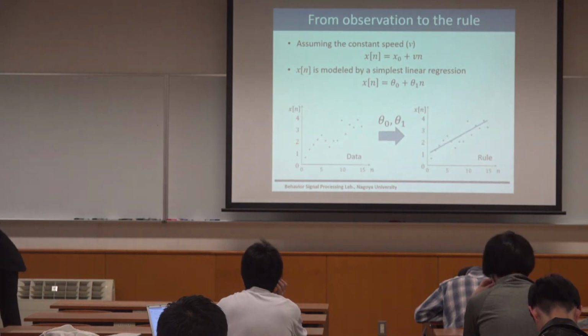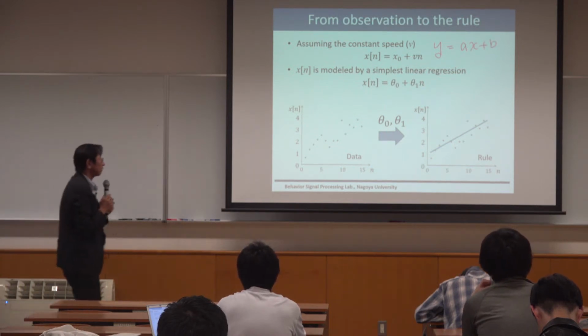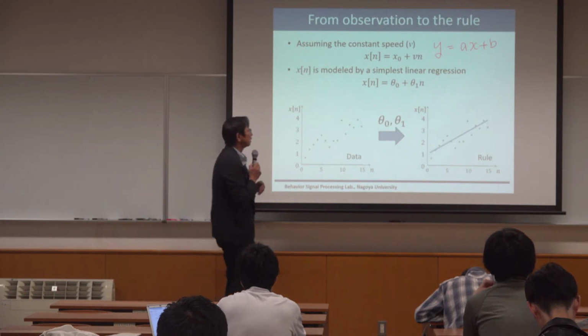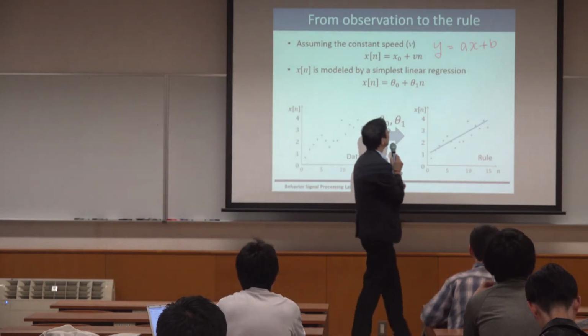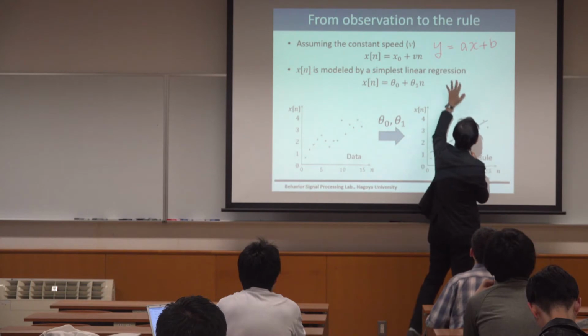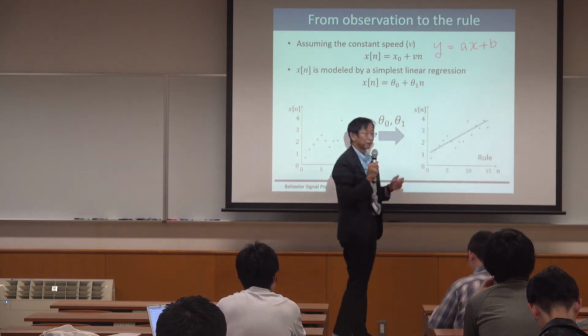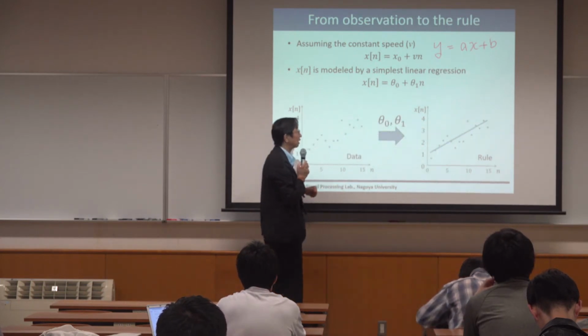Or a more familiar representation is y = ax + b. This is the first graphical representation of a variable relation, which maybe we studied in high school.